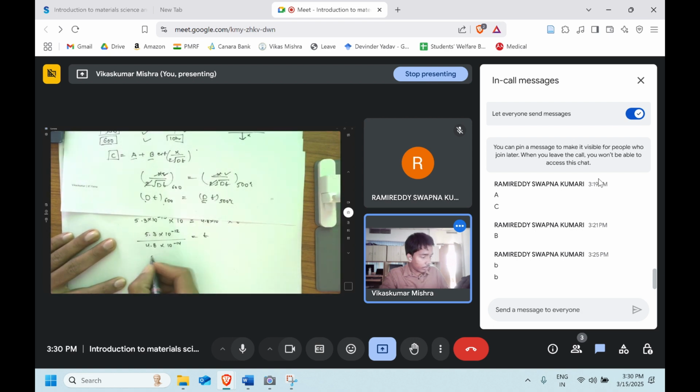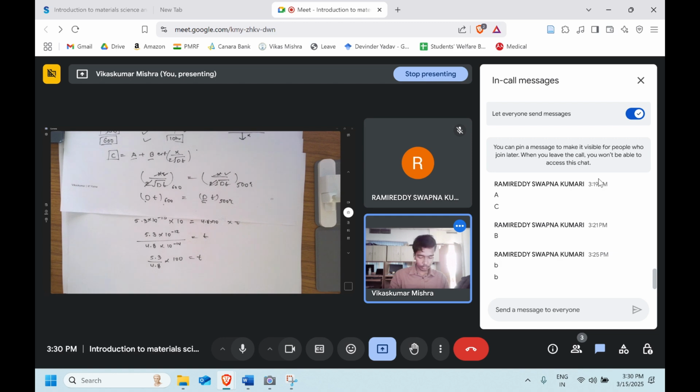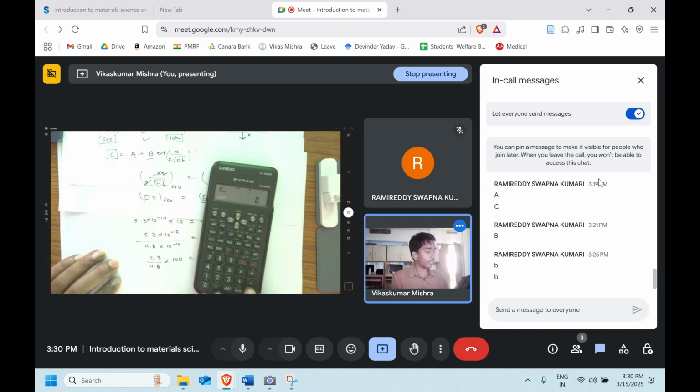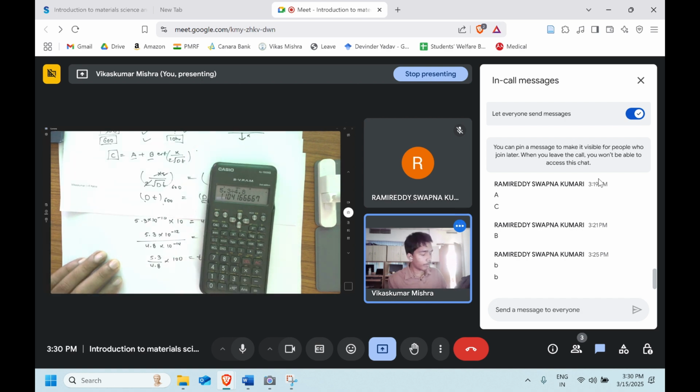If I simplify it a little bit, it will be 5.3 divided by 4.8 multiplied by 100. This will cancel out. So let's do the division, 5.3 divided by 4.8. It will come out to be 1.104 times 100.